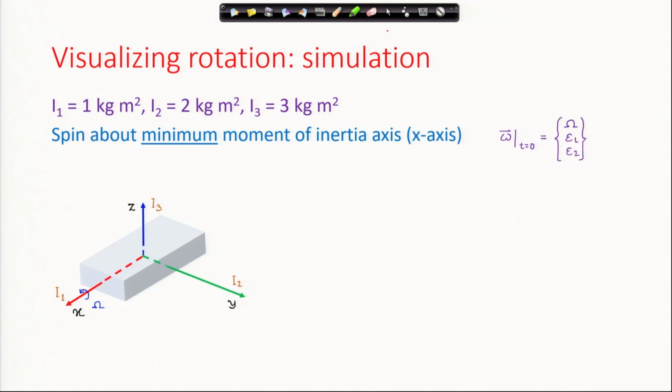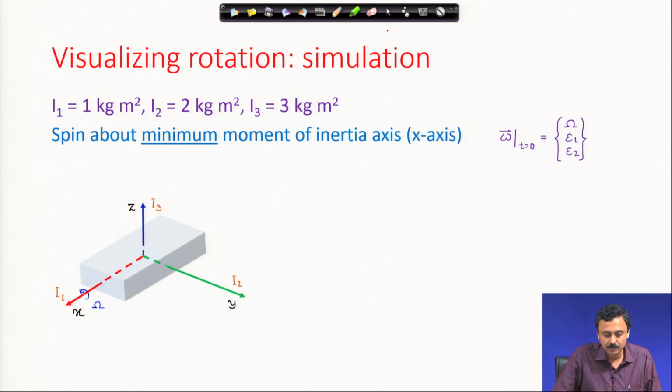I have considered the principal moments of inertia hypothetically: I1 is 1 kg meter square, I2 is 2 kg meter square and I3 is 3 kg meter square. I start with spin about the minimum moment of inertia axis, which is the x axis, and I have written down what is the omega at t equal to 0. From here I can very easily find out, using the inverse transformation, what are psi dot, theta dot, phi dot.